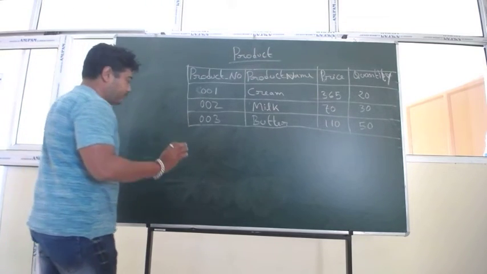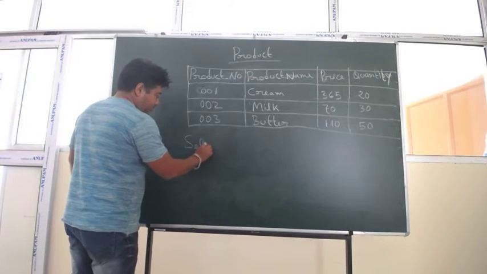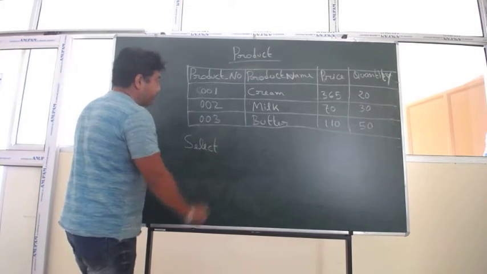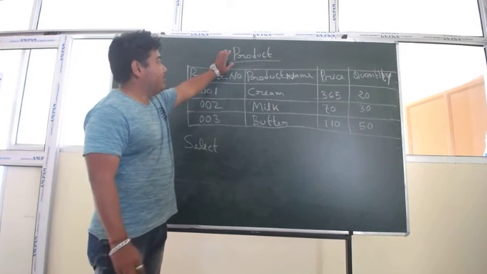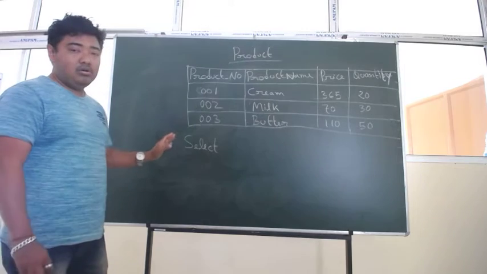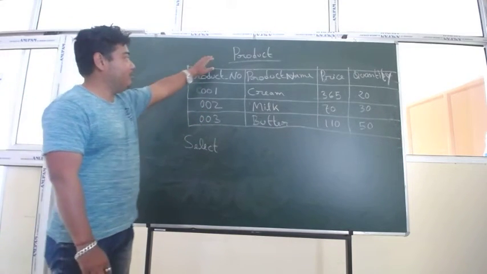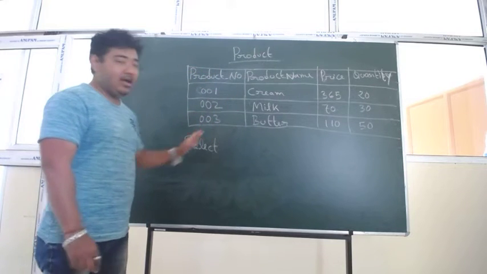So first what you have to do is select. What is the table name here? Product. Suppose now I want all the data of the table which is inside the table product, all the data I need.